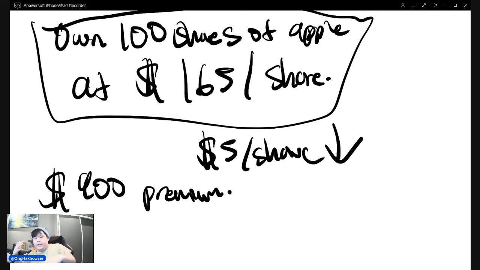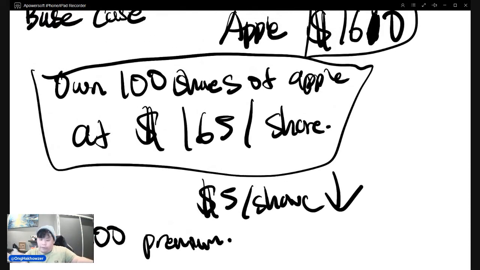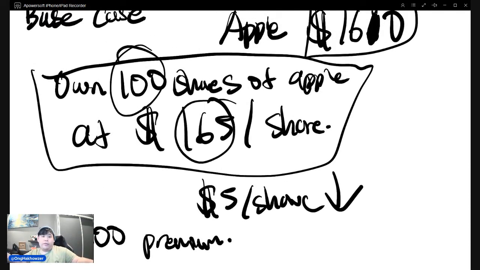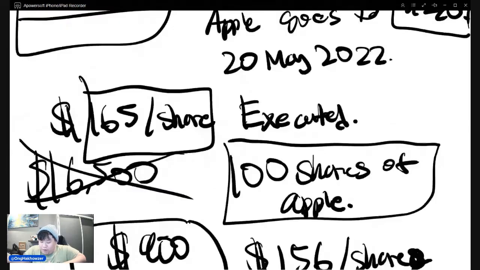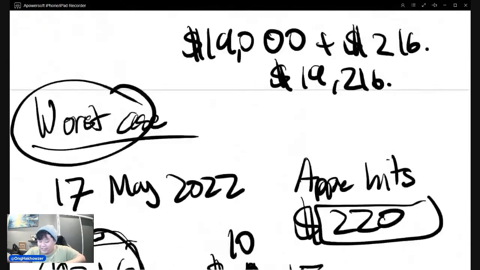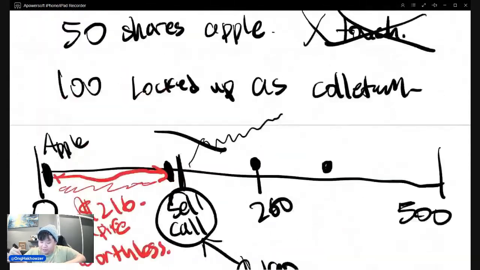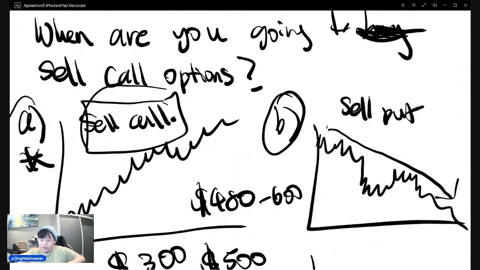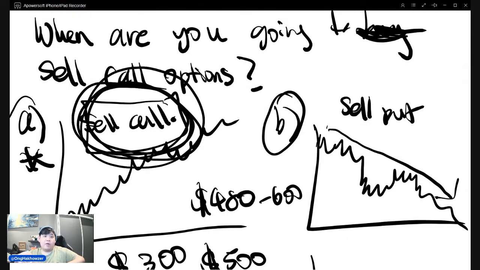Okay, so now you would be the proud owner of 100 shares at $165 per share. Since you have 100 shares, remember what we do when we have underlying shares: you can sell calls. This is the whale strategy.